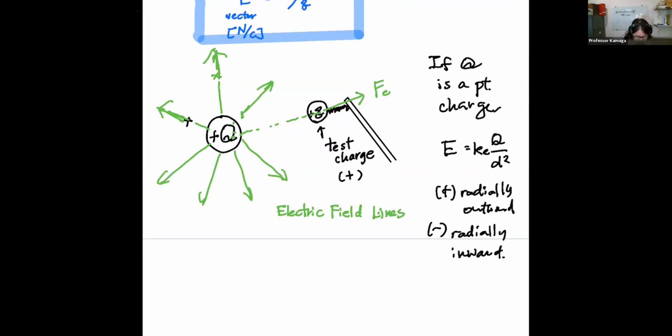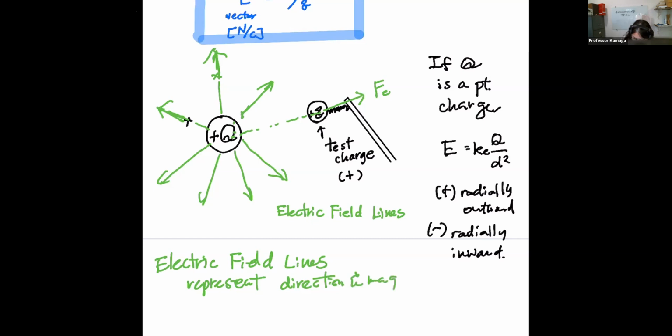So electric field lines are to show the direction. Electric field lines, I'm going to rewrite it here. Electric field lines represent the direction, and also the magnitude of the electric field.